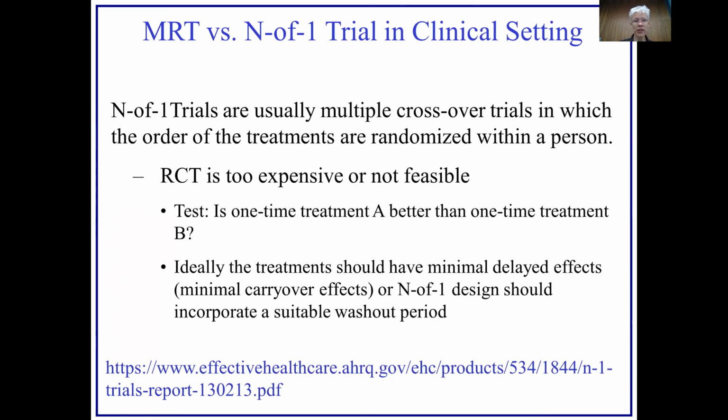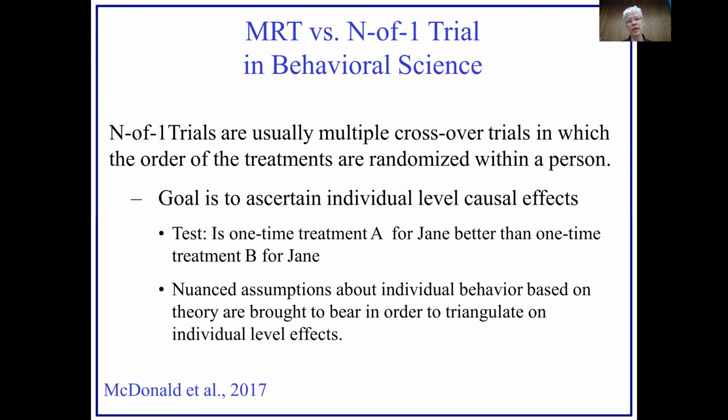Now, there's another way in which N-of-1 trials arose. And a lot of my colleagues are very interested in it from this point of view, and that's in the behavioral science field. And here the goal is to ascertain individual level causal effects. You have Jane in front of you. You want to know, is one-time treatment A better for Jane than one-time treatment B? So for Jane, who is in front of you, is treatment A better than treatment B? So in these settings, these are trials that are often run by domain experts, behavioral scientists.